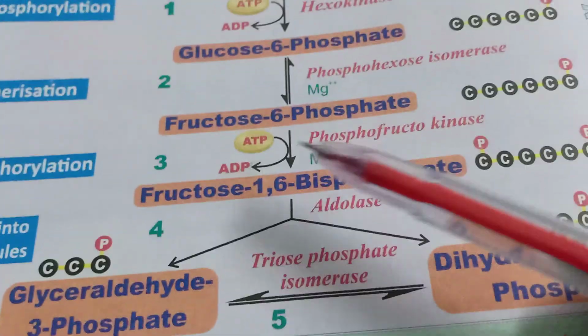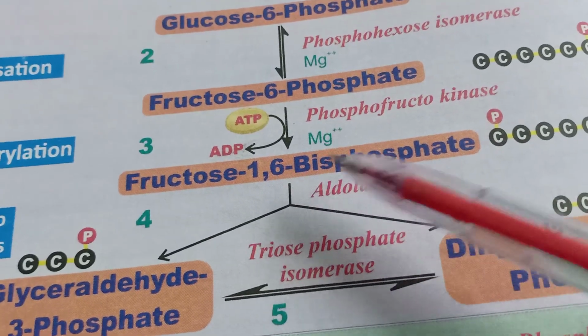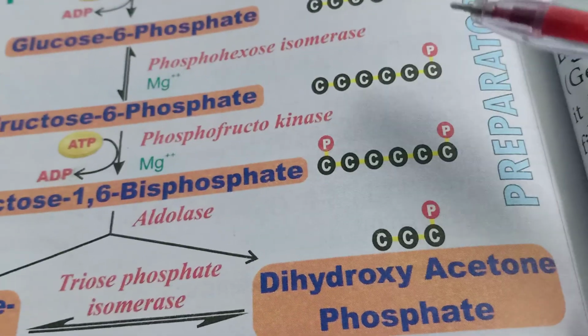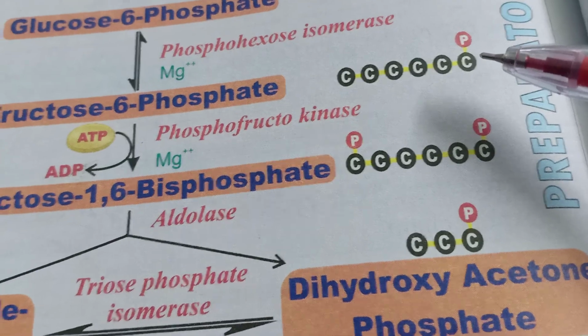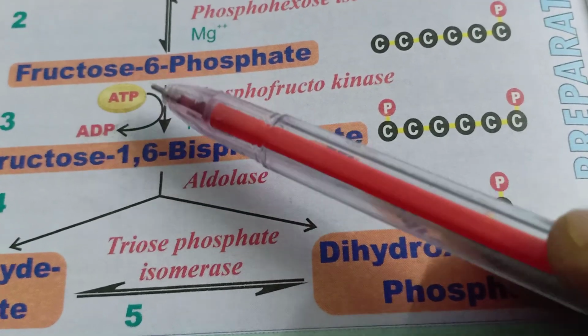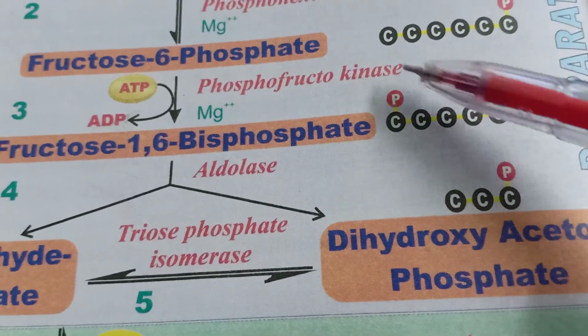The next step, fructose 6-phosphate is changed to fructose 1,6 bisphosphate. In this fructose, in the 6th position, there is a phosphate. Now, from ATP, 1 phosphate is added to fructose in the first position.